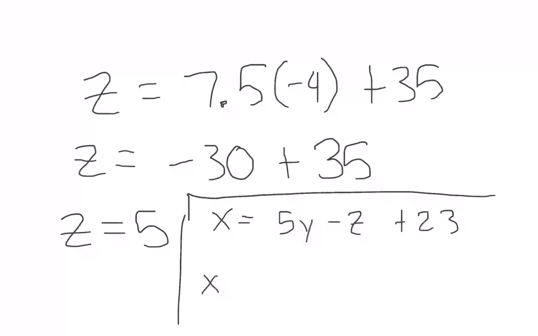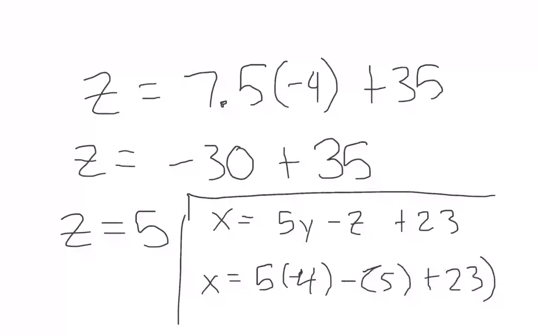Well, instead of writing y, I'll put negative 4 in there, and instead of putting z, I'll put 5, which we just found, plus 23. And if you combine all this stuff, you should get that x equals negative 2.